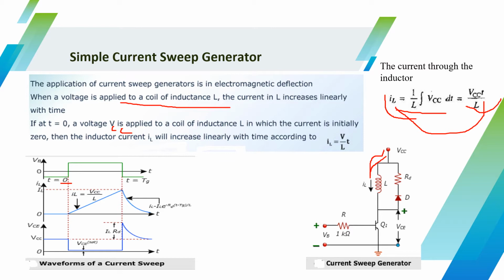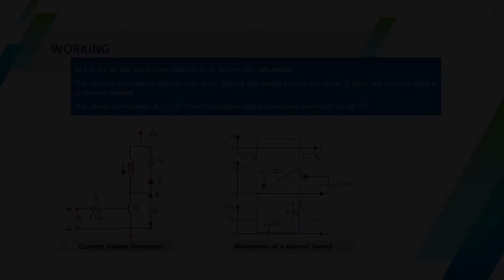Then the inductor current IL increases linearly with time according to the equation IL = VCC t by L. In this way, a simple current sweep waveform is generated across the inductor L.